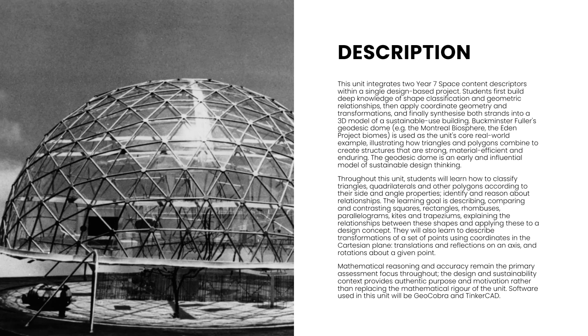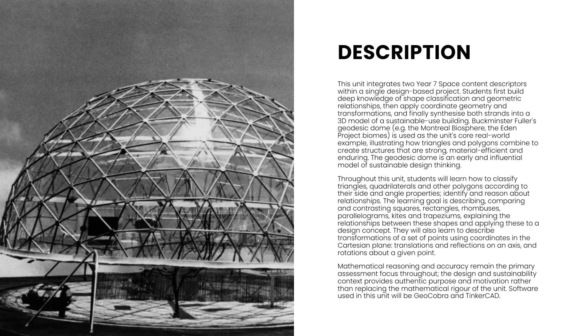Then they will apply coordinate geometry and transformations before they finally synthesize all that knowledge into a 3D model in their final project. In the design project, I decided to incorporate elements of sustainability as well as design elements so that there's a bit of cross-curricular priorities happening.